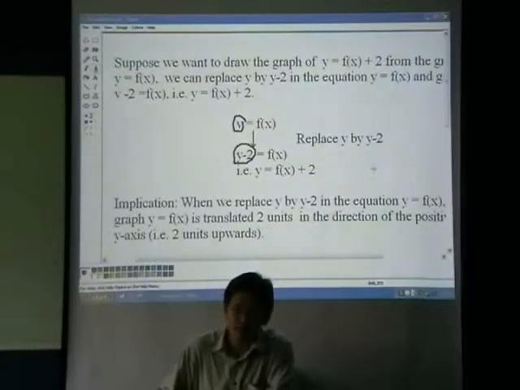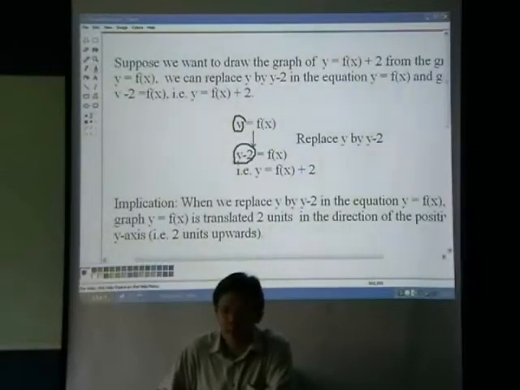Okay, so what is the implication of this? The implication is that when we replace y by y minus 2 in the equation y equal to f(x), we are translating the graph y equal to f(x) 2 units in the direction of the positive y-axis. That means it's 2 units upwards.